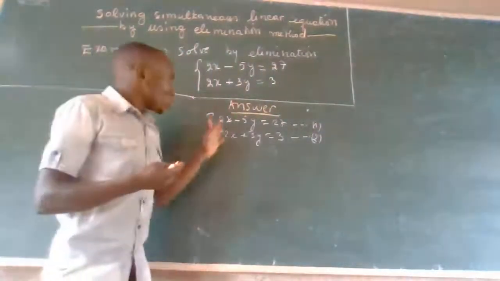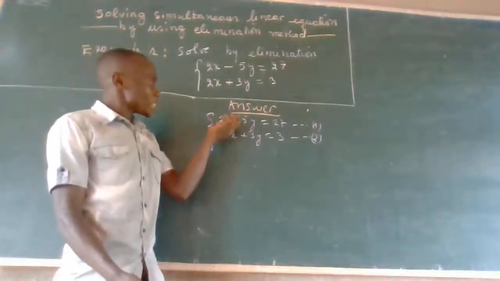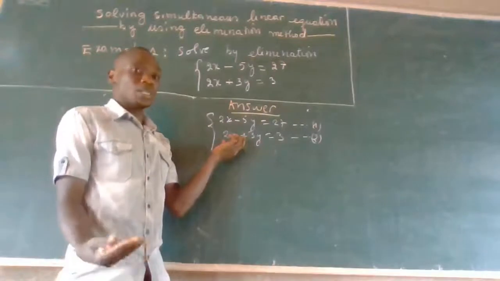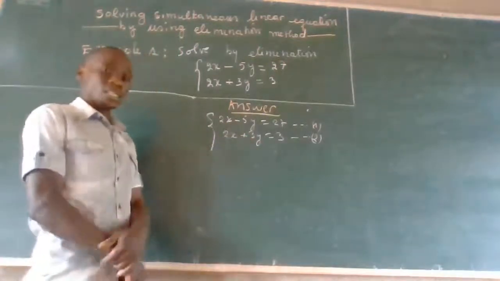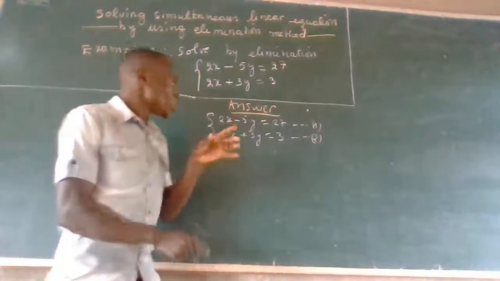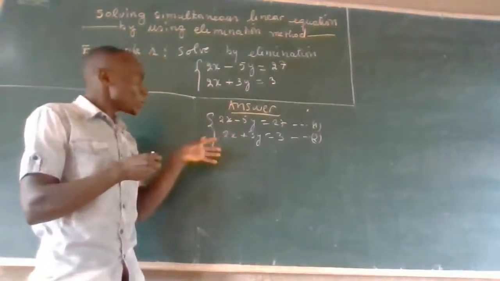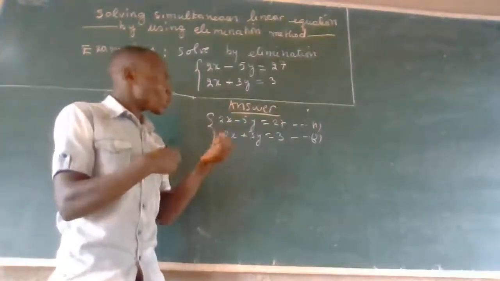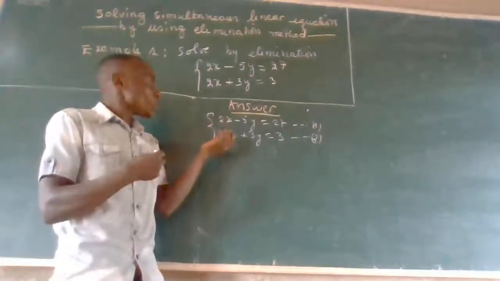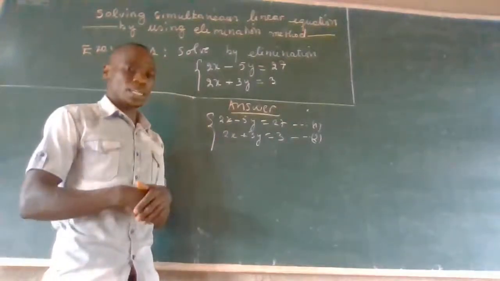Looking for the variable easy to eliminate, you see that here we have 2x and here we have 2x. It means that to eliminate variable x is very simple. Remember that to eliminate a variable, the coefficients should have equal absolute value but opposite sign.